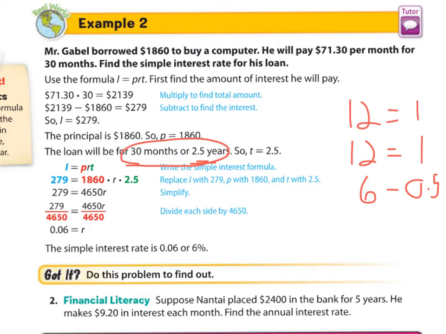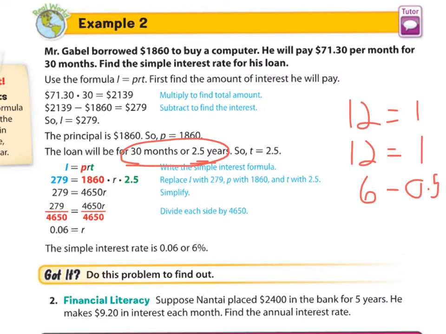Let's work with like terms here. We multiply 1,860 times 2.5, and we get 4,650. Then we divide both sides by that amount to isolate r. Here we have a rate of 0.06 as a decimal, which is 6%.